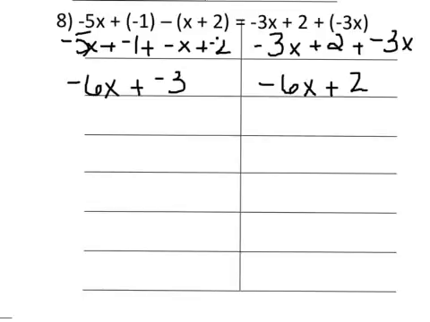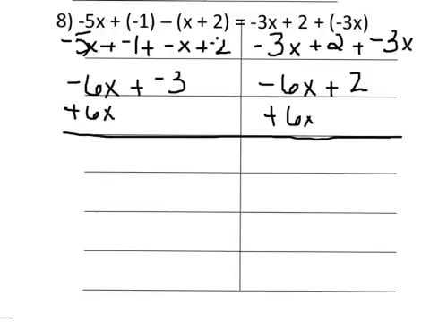Now if I want to get rid of this negative 6x, I would need to put 6 positive tiles to make 0 pairs. So I want to put 6 positive x tiles on both sides. The way I show that is I add 6x to both sides.